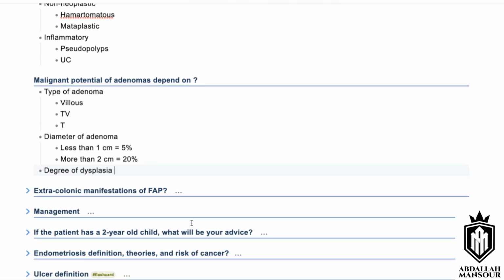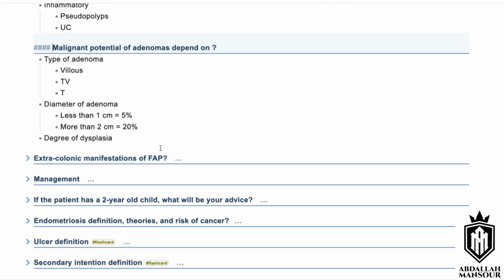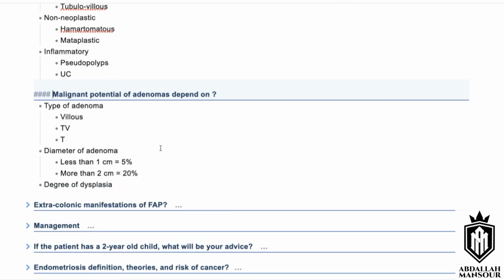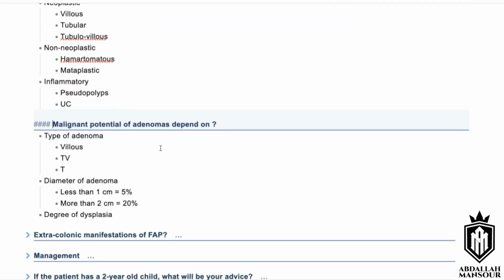Okay. All right. What are the extracolonic manifestations of familial adenomatous polyposis? There is Gardner syndrome and Turcot syndrome. Gardner syndrome is characterized by mandibular osteomas and desmoid tumors, and Turcot syndrome by neuromas and paragangliomas.